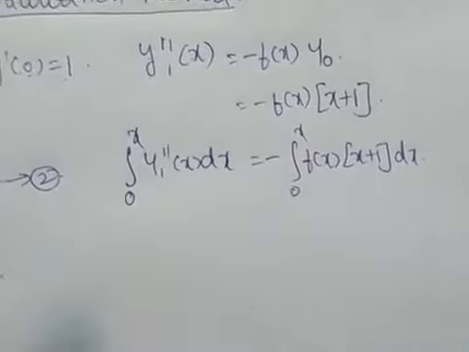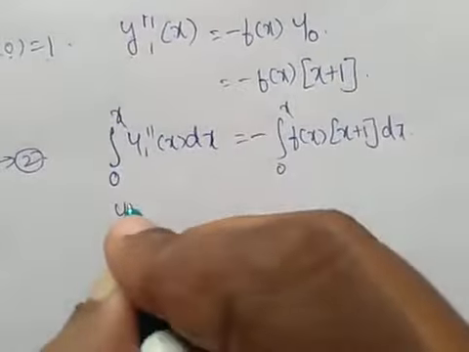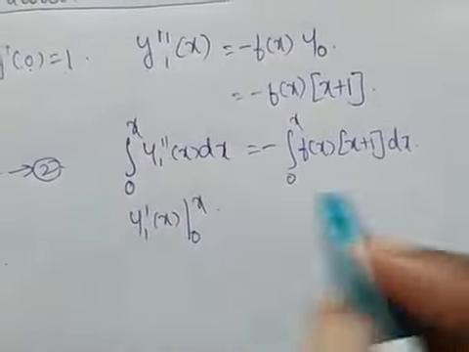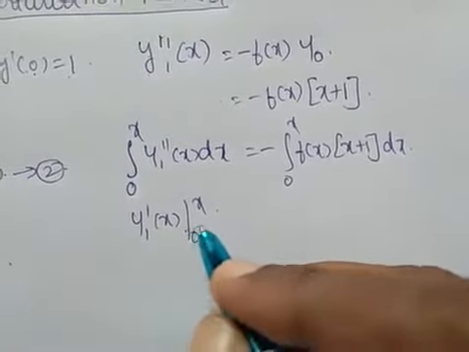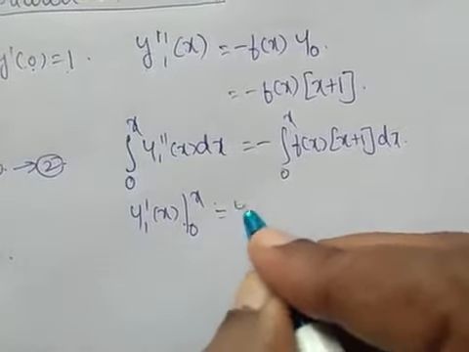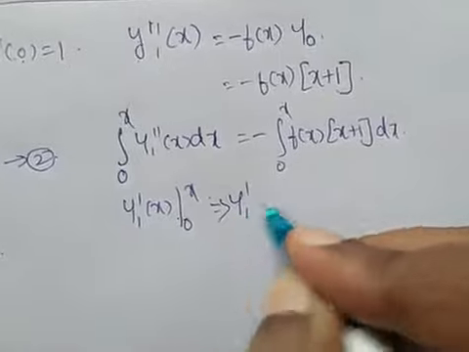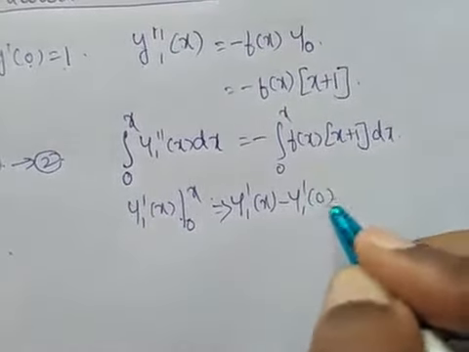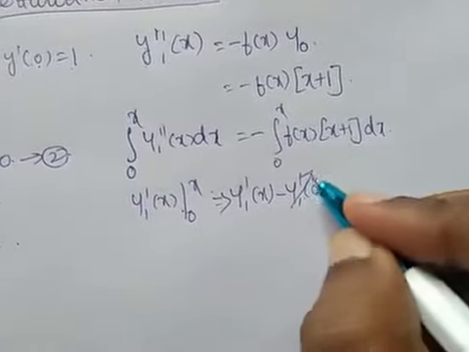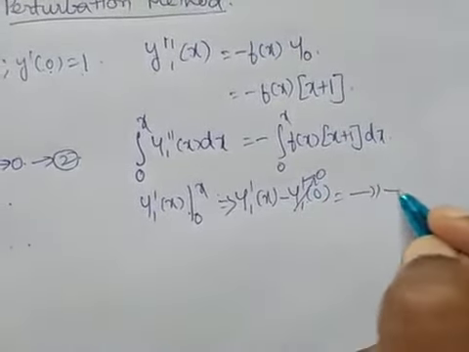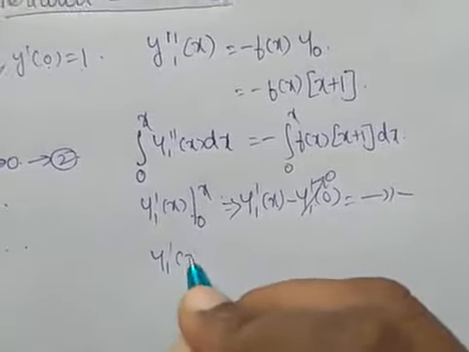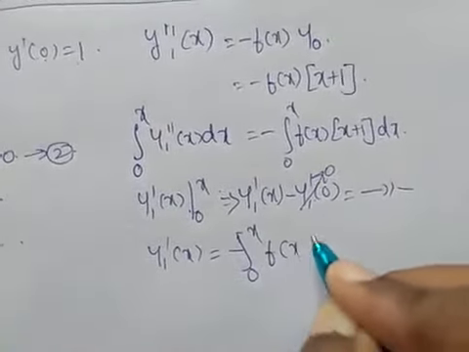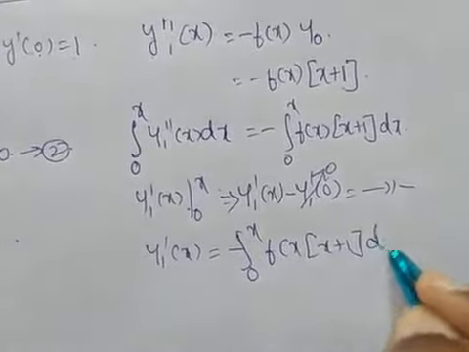So what is the integration of y1 double dash? We are having y1 dash of x from 0 to x. If we substitute the limit, we will get y1 dash of x minus y1 dash of 0. What is y1 dash of 0? 0. The RHS remains as it is. Therefore, y1 dash of x is equal to minus integration of 0 to x f of x into x plus 1 dx.